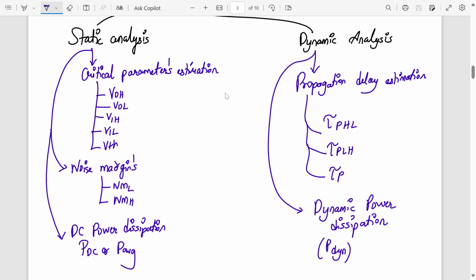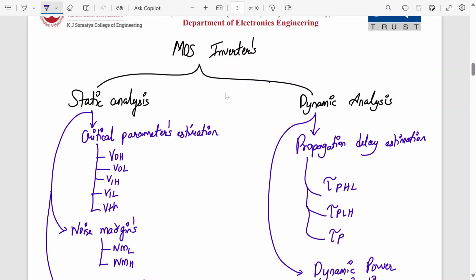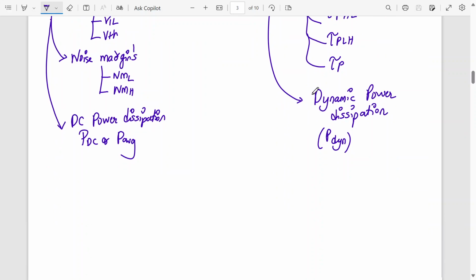So we have both the analyses for which inverters we have to do? Resistive load and CMOS inverter. We have to do a detailed analysis for these two. So can we start with resistive load now? Written?